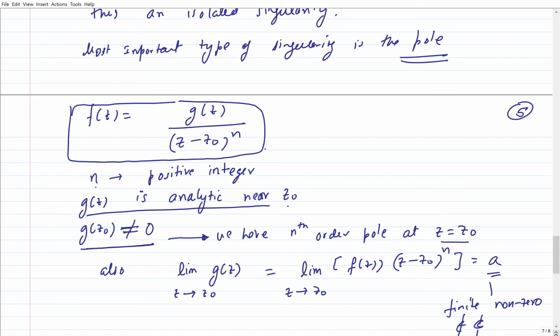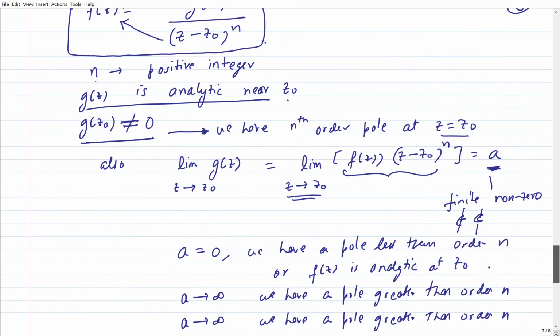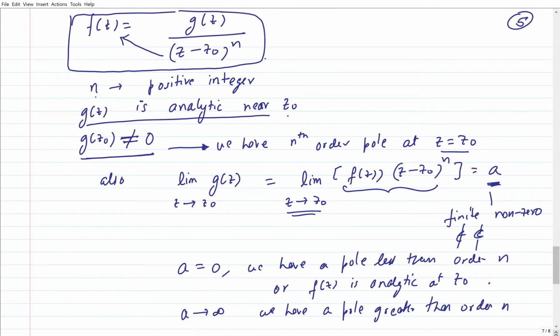The other way of representing the same thing is I take z minus z0 to the power n over here and I evaluate the limit as z goes to z0. I evaluate the limit a, and if a turns out to be a finite non-zero complex number, then I say the same thing, it is an nth order pole. If a turns out to be 0, I have a pole of less than order n.